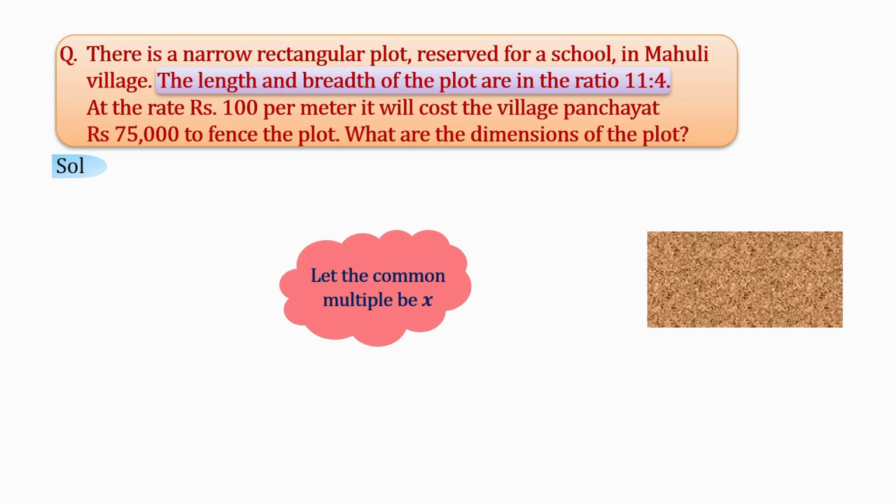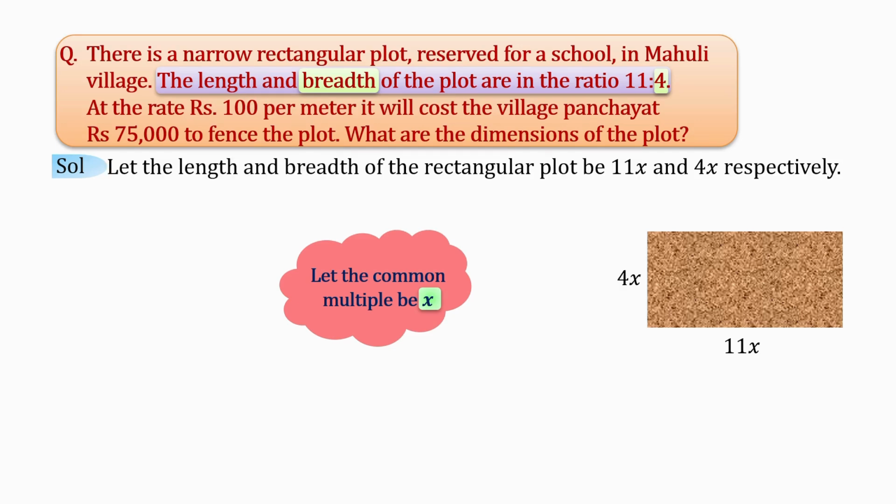Now we are going to take the common multiple x. So the length will be 11x and breadth will be 4x. So let the length and the breadth of the rectangular plot be 11x and 4x respectively.